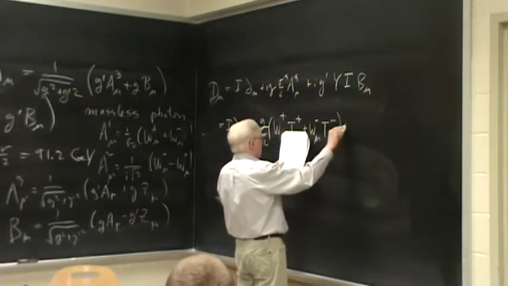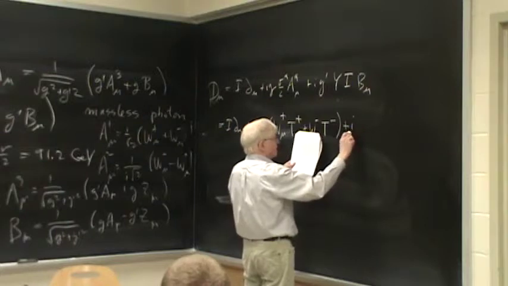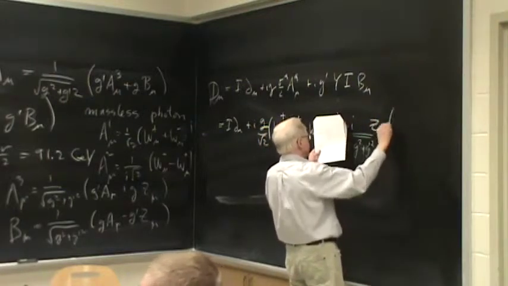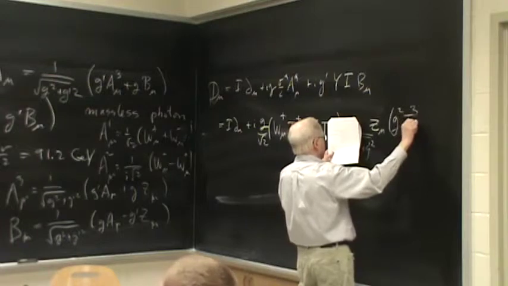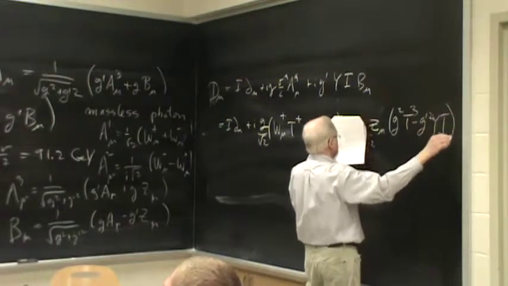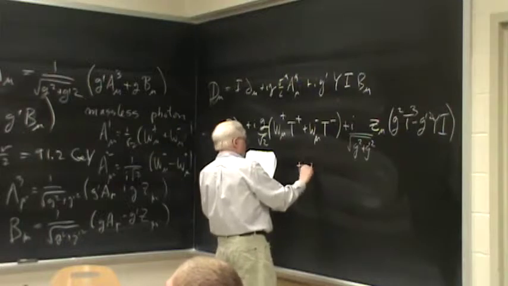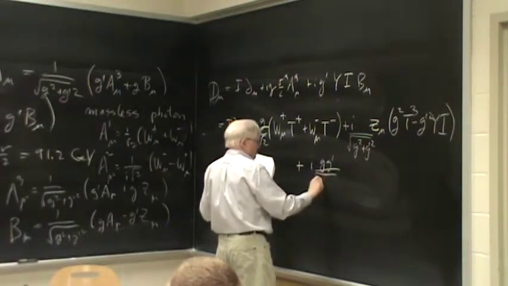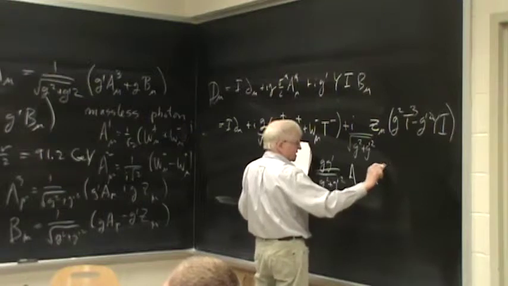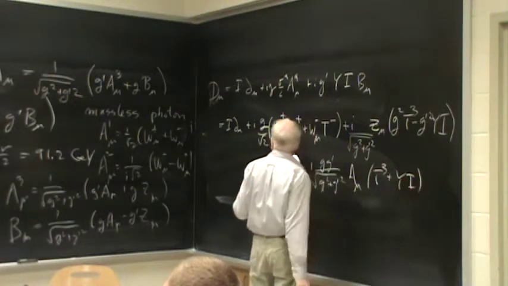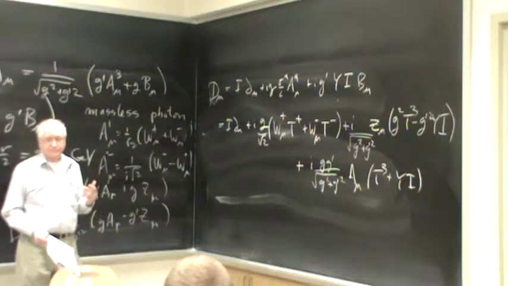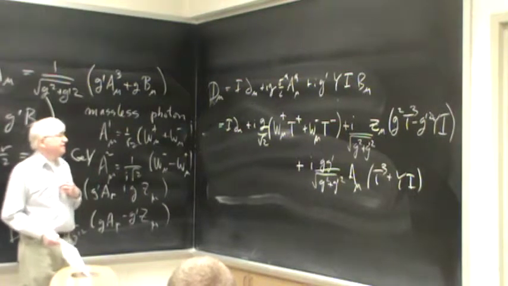So g squared plus g prime squared Z_mu, g squared T3 minus g prime squared Y times the 2 by 2 identity, i, plus i g prime over the square root of g squared plus g prime squared A_mu, T3 plus Y. Okay, so that's the covariant derivative that acts on a doublet of left-handed fermions.